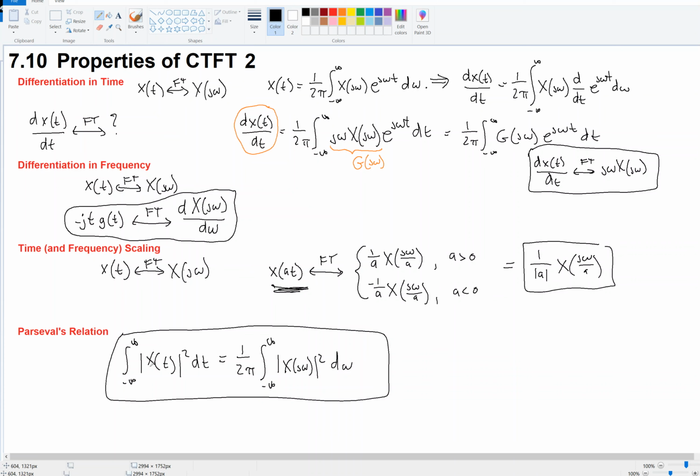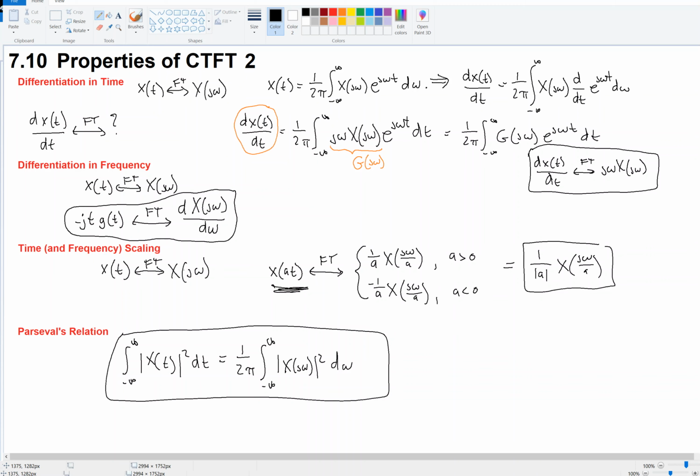Do you recognize the left-hand side at all? That's the total energy in the signal. So Parseval's relation says that the total energy in the signal may be computed by finding the energy per unit time and integrating over time, that's this, or by finding the energy per unit frequency, radians per second, and integrating over frequency.